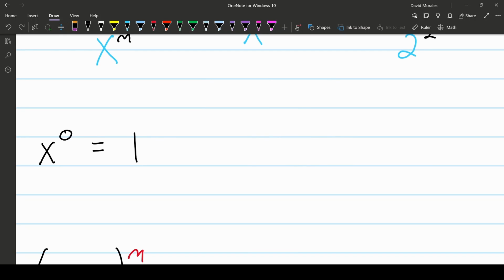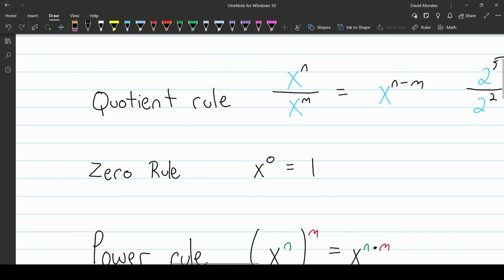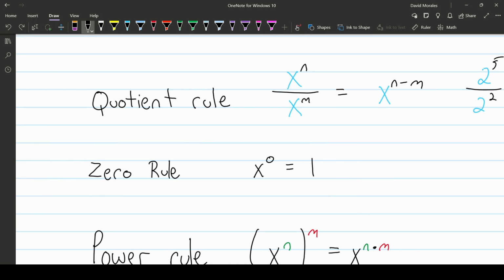And you might say, wait a minute, this sounds a little counterintuitive. How come x to the 0, anything 0 touches, don't you get 0? Well, let's use the quotient rule to explain the zero rule.